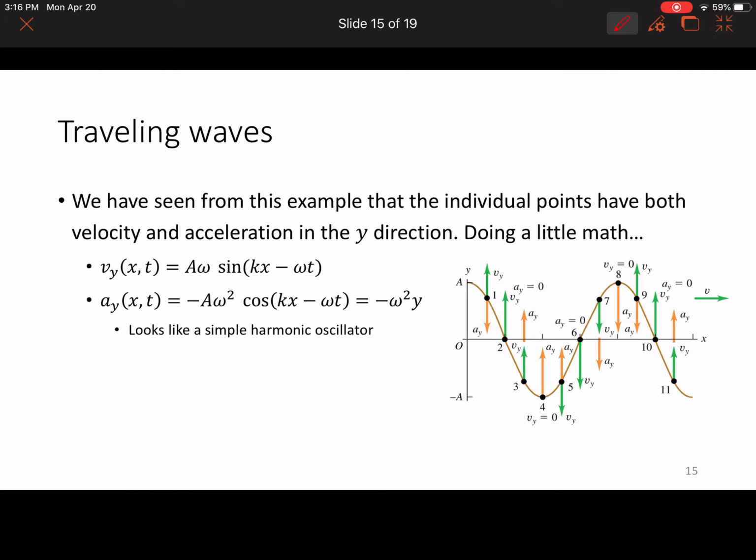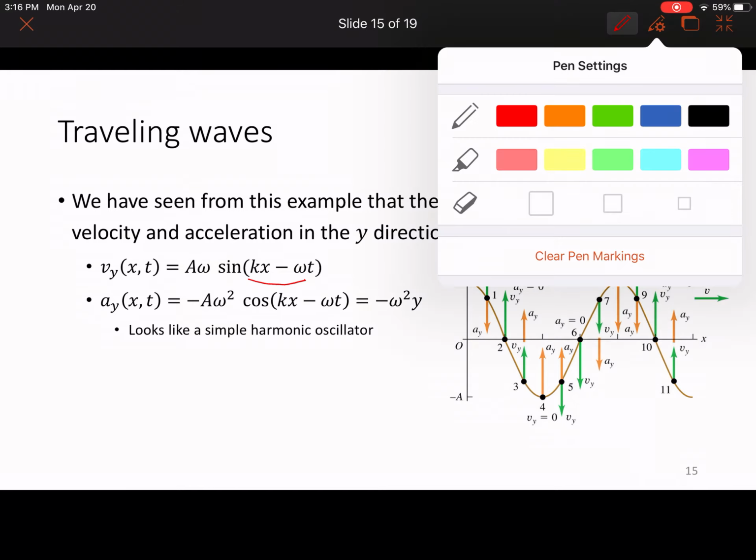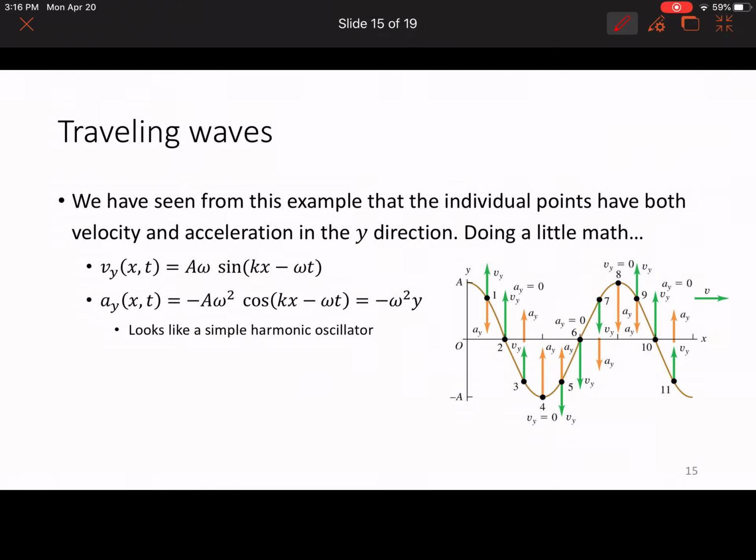Okie dokie. So now let's take the next step and do another derivative. We saw, when I started this problem, that velocity in the y direction is negative A omega sine of omega t minus kx. Since if I flip the sign of the thing in the sinusoid, I get a negative sign, you could also rewrite that as A omega sine of kx minus omega t. We can take another derivative.